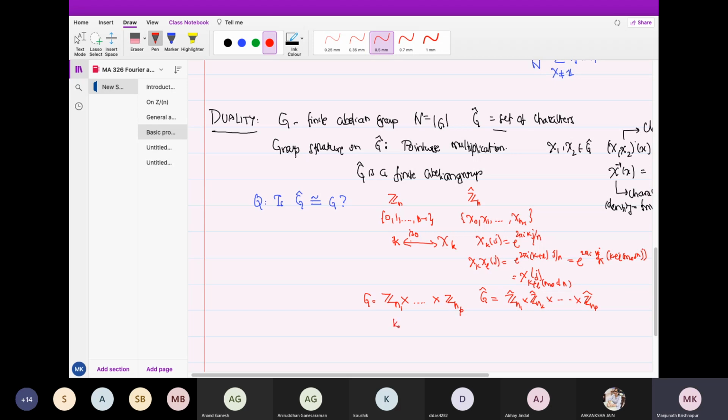So you can take k1 up to kp, and what do you map it to? Chi k1 tensor chi k2 tensor chi kp. This is an isomorphism. So it is true that the answer is yes.